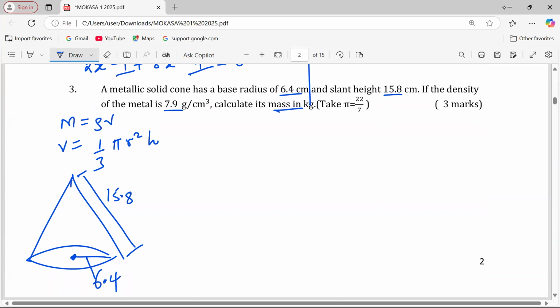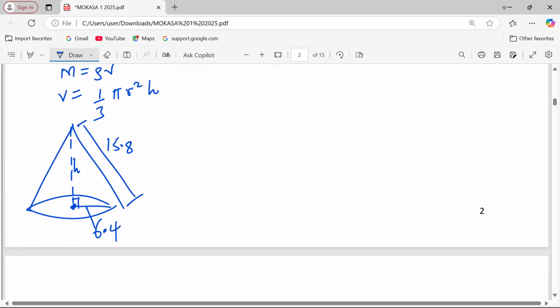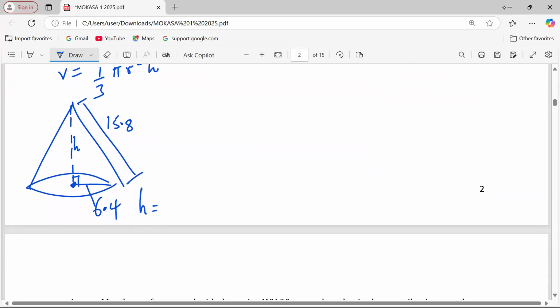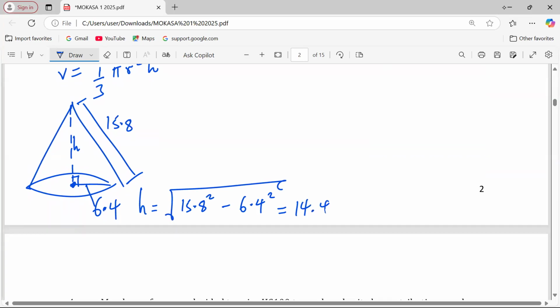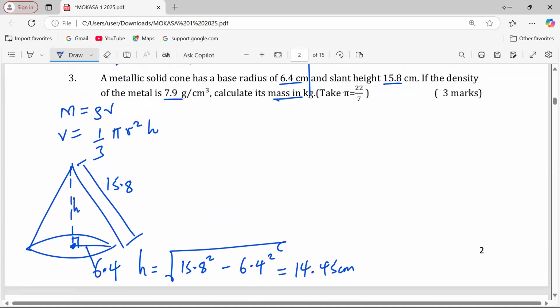Therefore, for us to get the height, which will run through there, h should be given by, when we take 15.8 squared minus 6.4 also squared, then we take the square root, we get 14.45 centimeters.